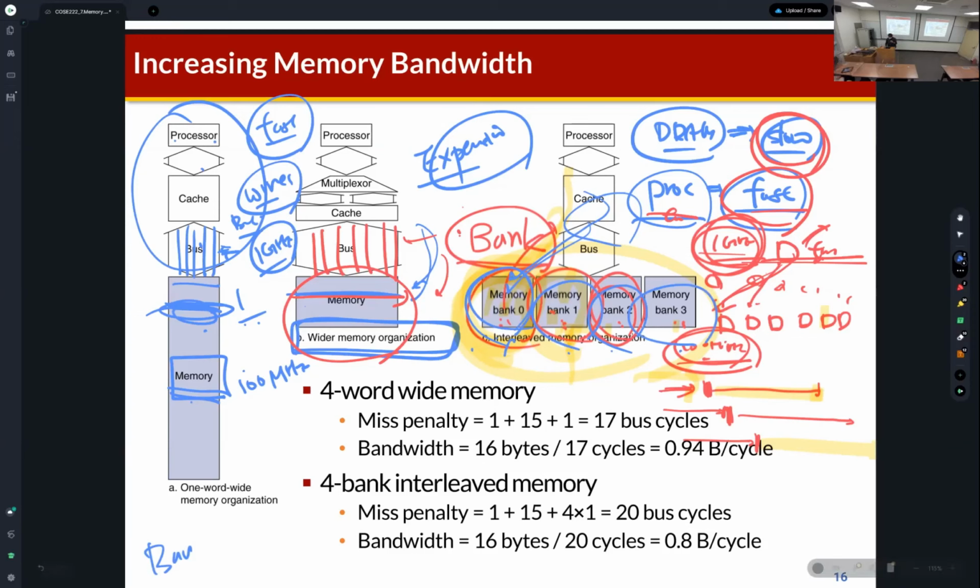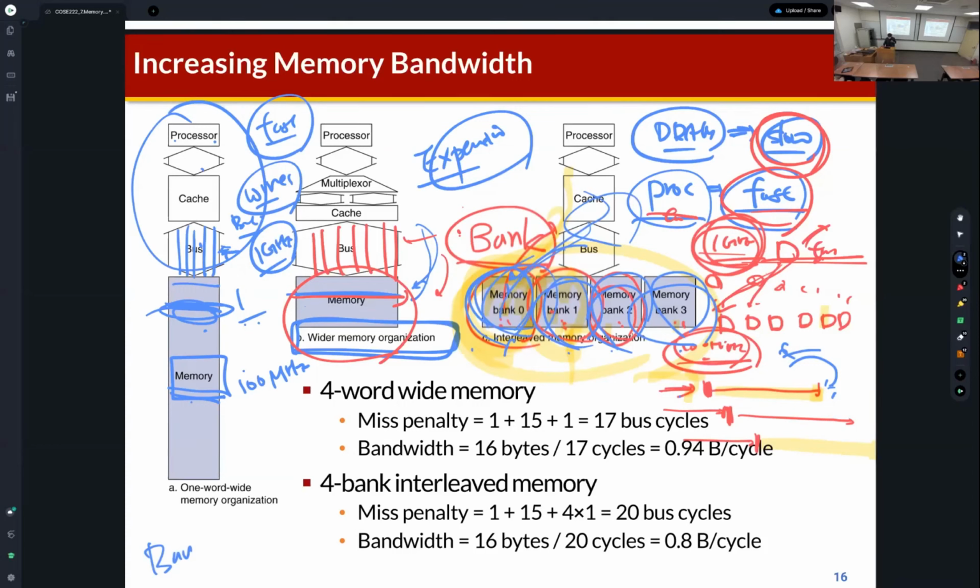Then the processor can give memory requests very fast, and multiple memory banks work in parallel. Then when it's done, the data is returned to the processor serially.